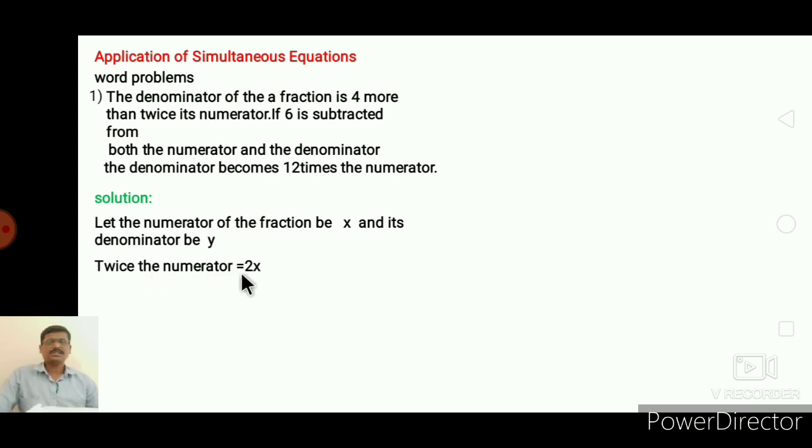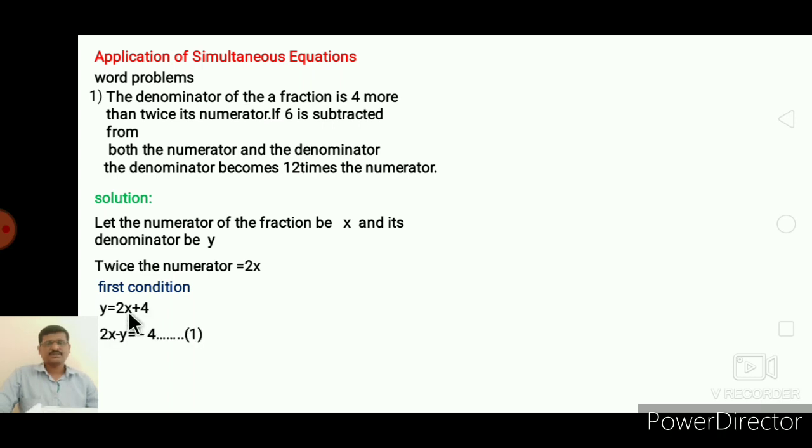Twice the numerator means 2x, because the numerator of the fraction is x, then twice the numerator is 2x. Therefore, the first condition is y is equal to 2x plus 4.